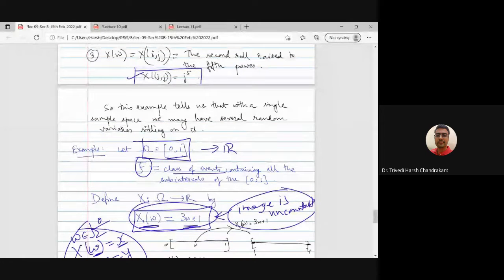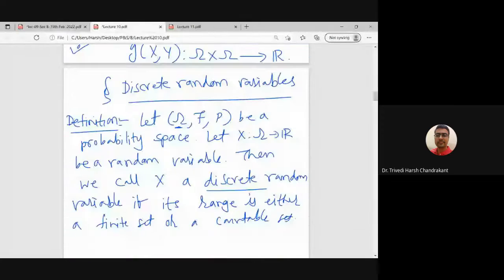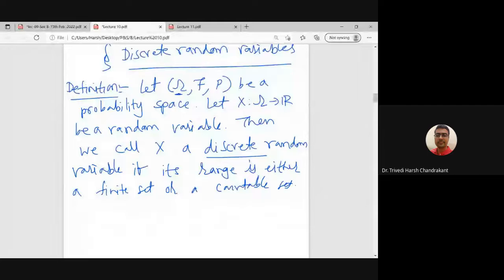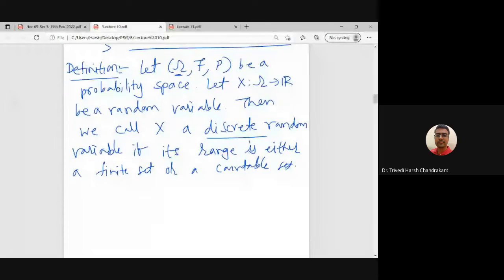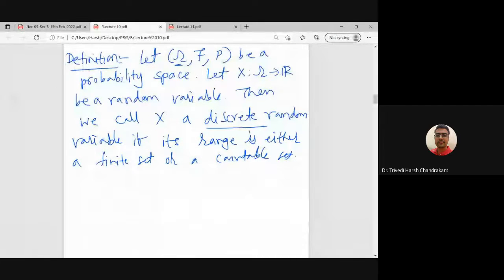Also, we know that if the domain of a function is a finite set, then even though the function is real valued, the image will also be a finite set, right? Because the input is finite, the output values must be a finite set. So that is the first remark.